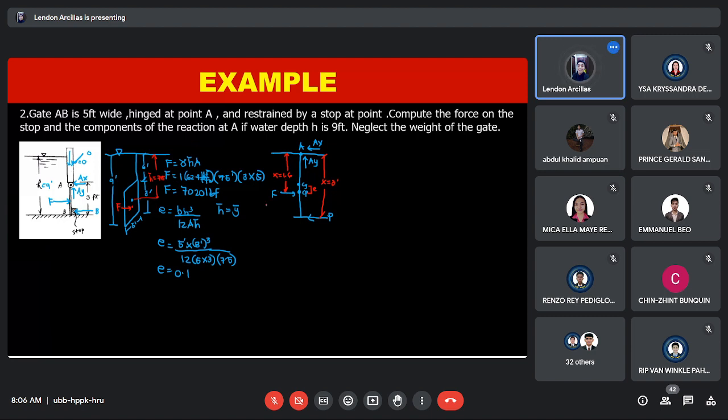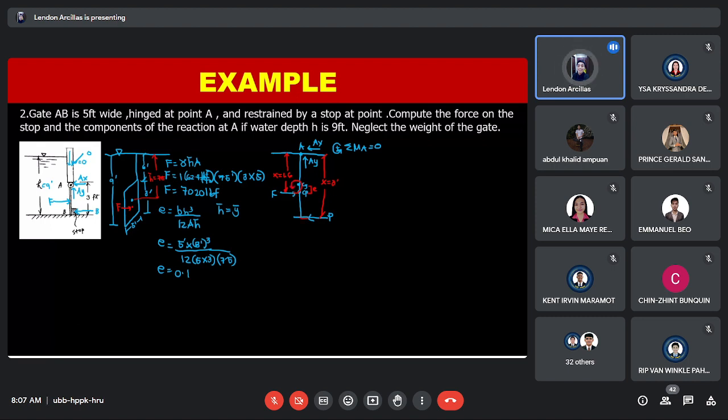Okay tayo doon? Opo. So summation of moment at point A equal to 0. So dito tayo magte-take ng moment since kukunin natin first yung value ng P. So ang convention natin positive pag counterclockwise. So ano yung mga counterclockwise dyan? Yung F or P. So you can see if we draw the rotation sa F, pag ganyan, counterclockwise.